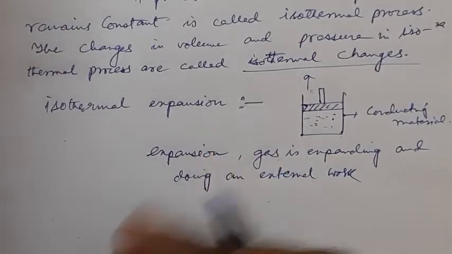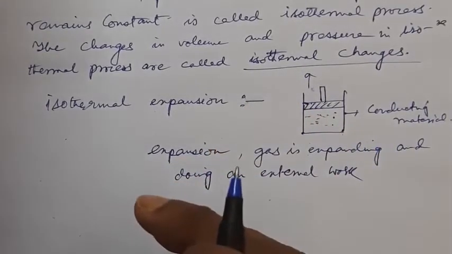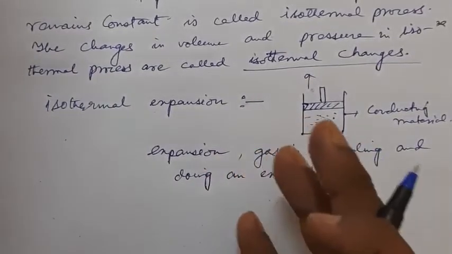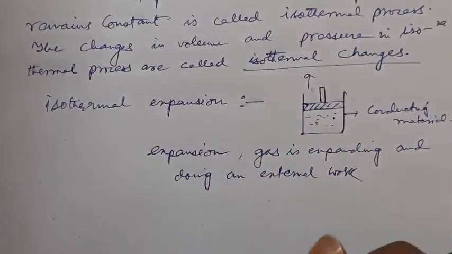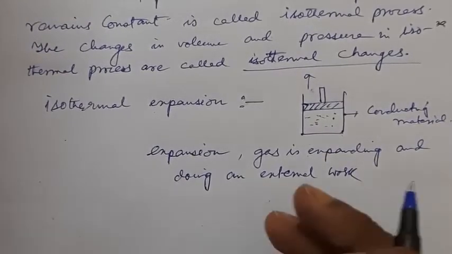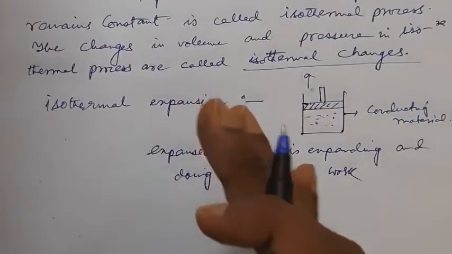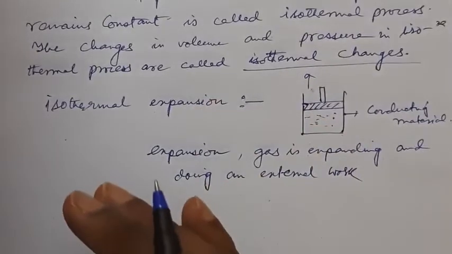So if it does work, the internal energy will fall. But the internal energy of a gas directly depends on the temperature. As the internal energy falls and internal energy is proportional to temperature, the temperature is also going to fall.